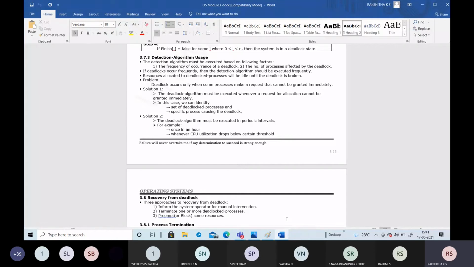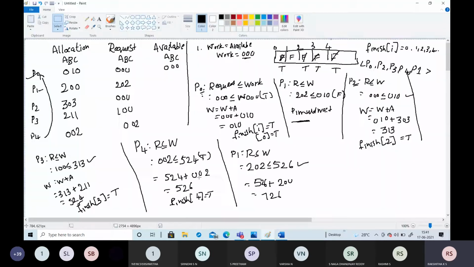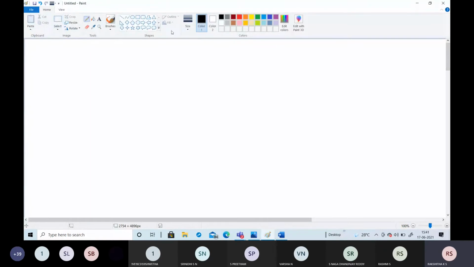The next topic, the last topic in this first chapter, is recovery from deadlock.